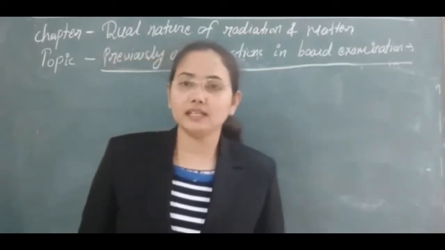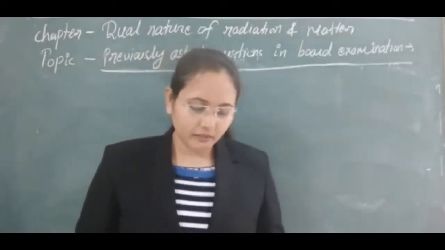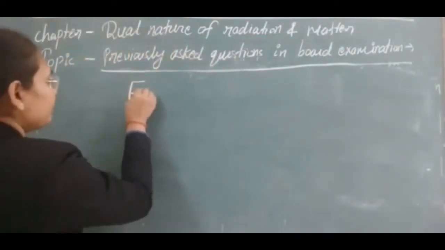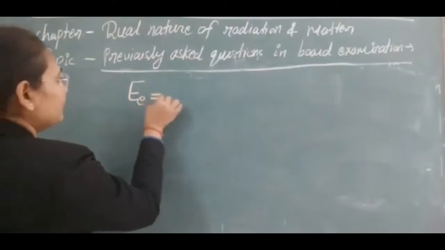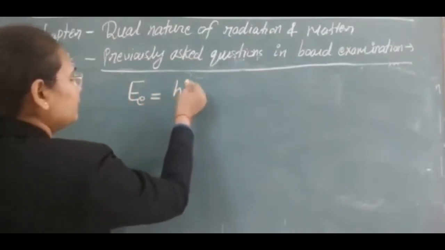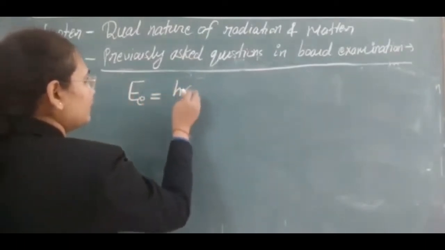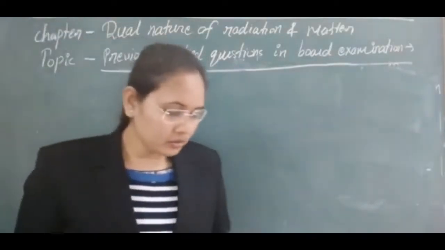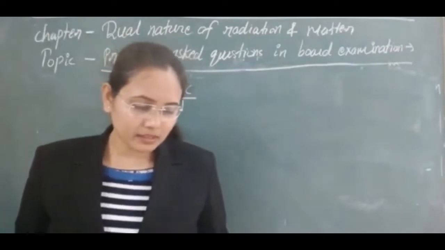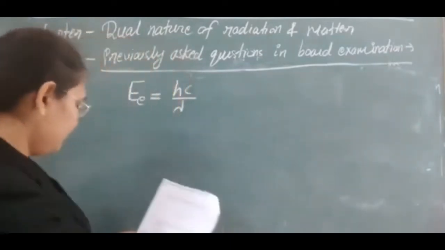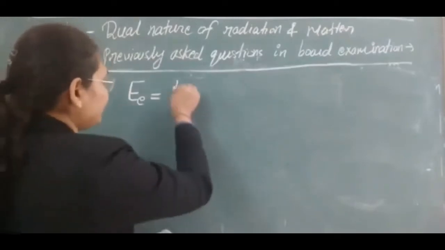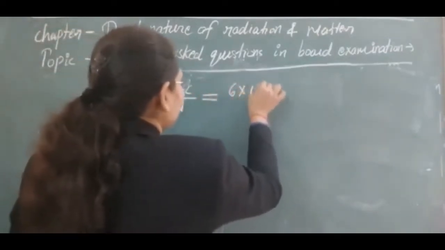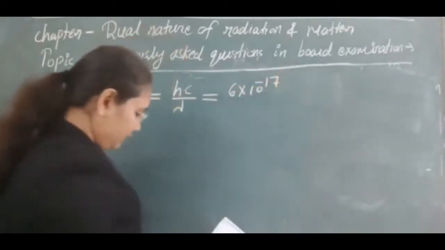So here one condition is given to us, that is the wavelength of any moving electron. If you have to calculate the energy, then that will be equal to h nu, or in another way you can write hc by lambda here. And it is also written that this energy is equal to 6 into 10 to the power minus 17 joule.